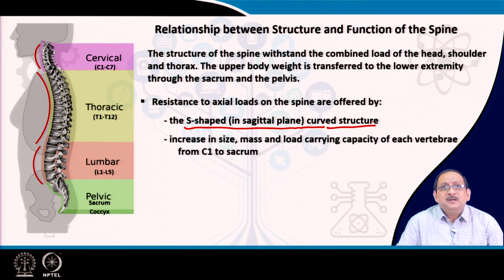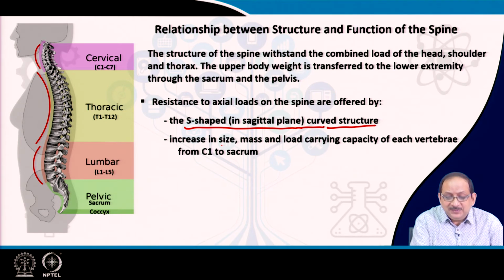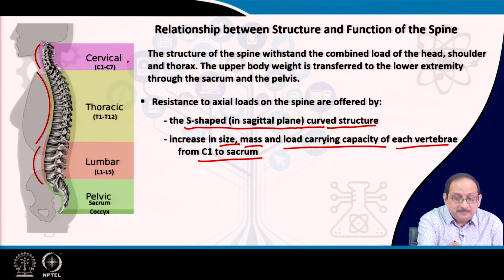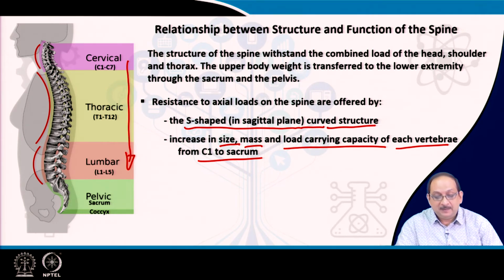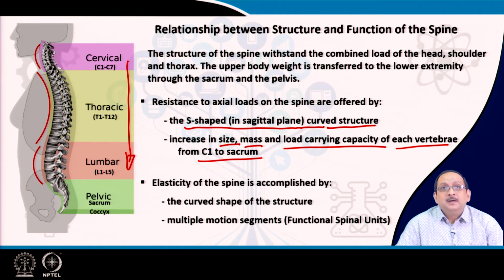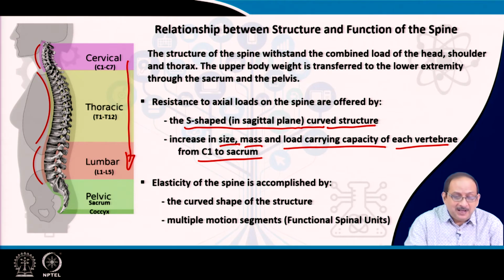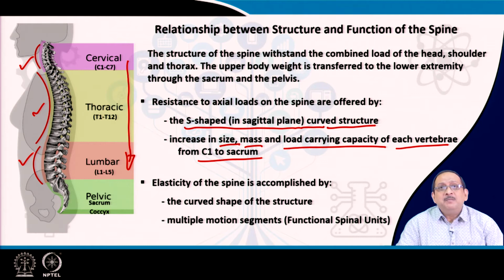And also due to the increase in size, mass and load carrying capacity of each vertebra as we move from C1 to the sacrum. The elasticity of the spine is accomplished by the curved shape of the structure, as already indicated earlier, and the multiple motion segments or the functional spinal units.